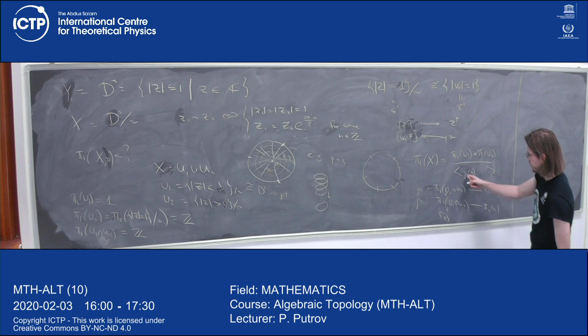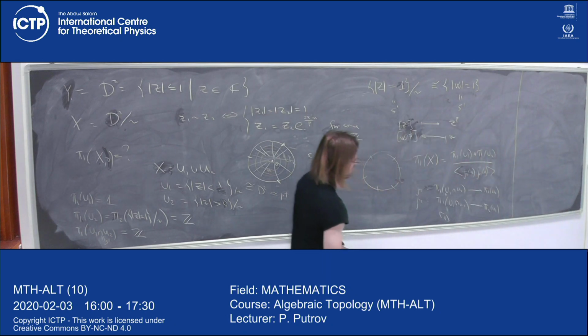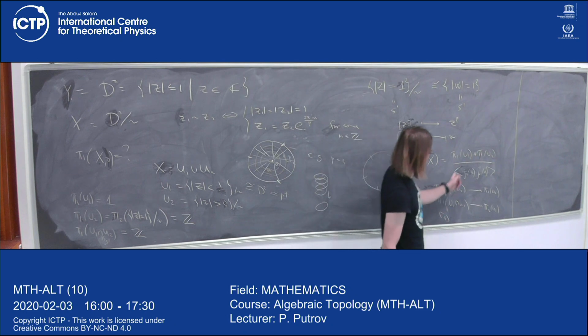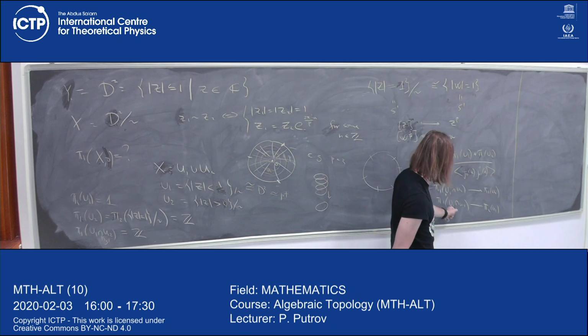And so I just need to quotient here by the subgroup in this free product generated by this combination of images of the generator in the intersection.